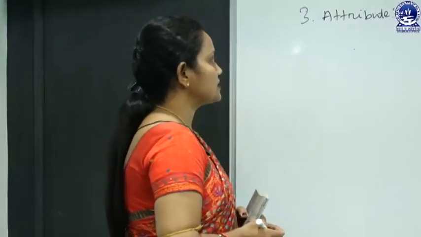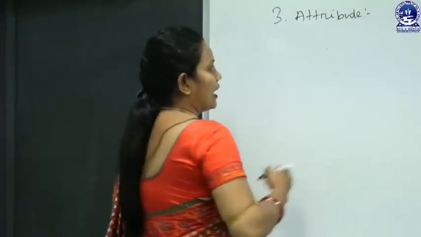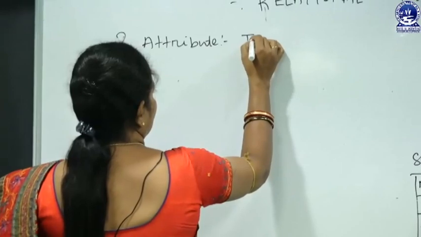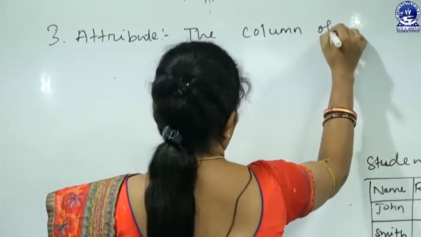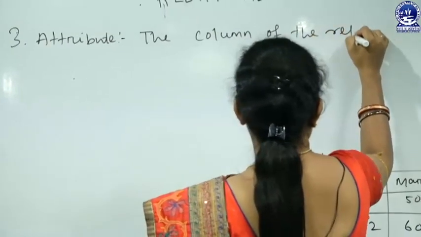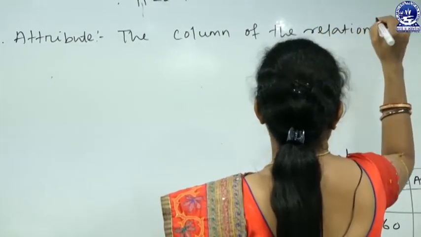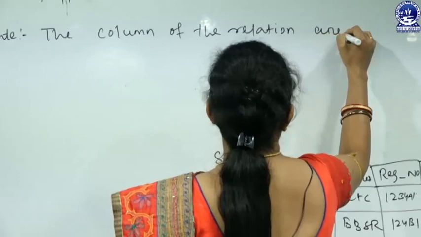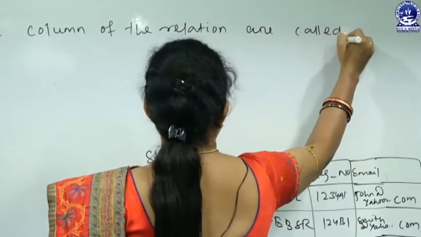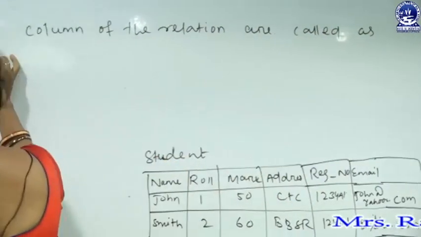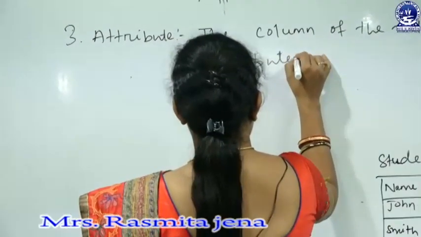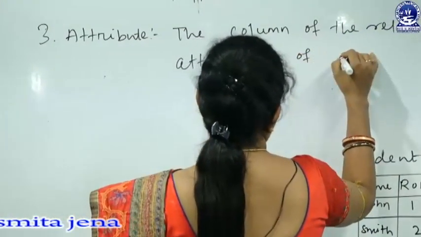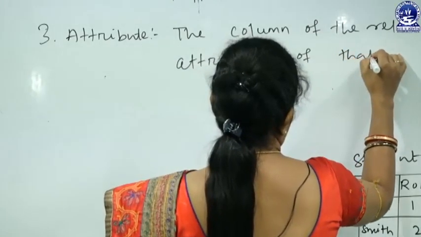Next terminology is attribute. Attribute means the columns of the relation or table are called attributes of that relation.